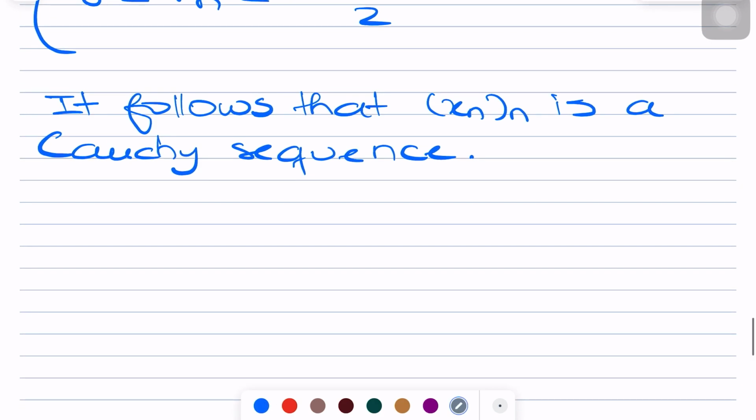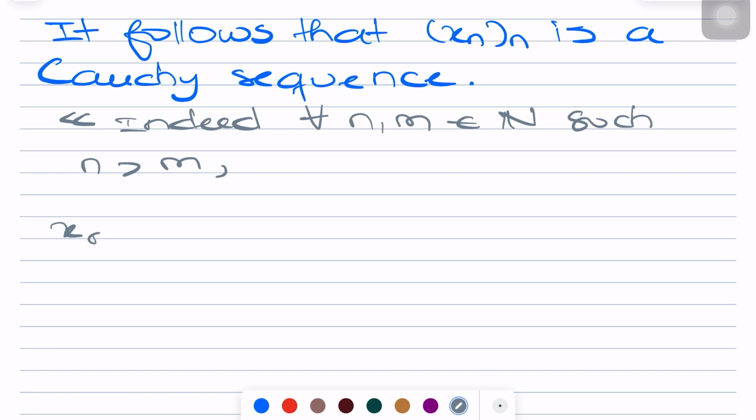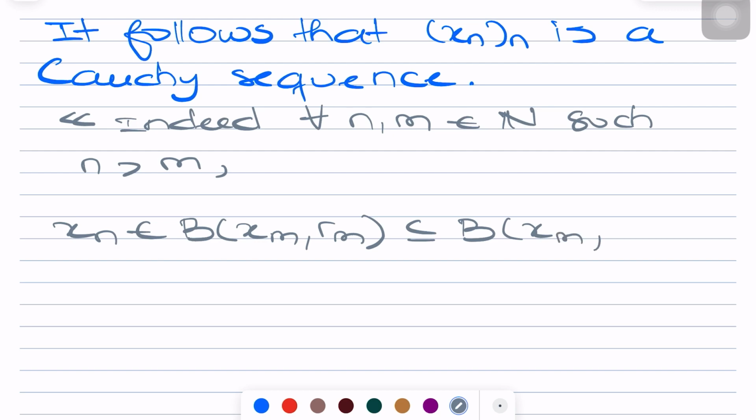This is kind of a short proof. Indeed, for every n, m in N such that m is strictly less than n, we have that xn belongs to the ball centered at xm and radius rm, which is obviously contained in the ball centered at xm and radius r0 over 2 to the power m. Because remember, rm was between 0 and rm minus 1 over 2, and iteratively you see that the ball centered at xm and radius rm is contained in the ball centered at xm and radius r0 over 2 to the m.